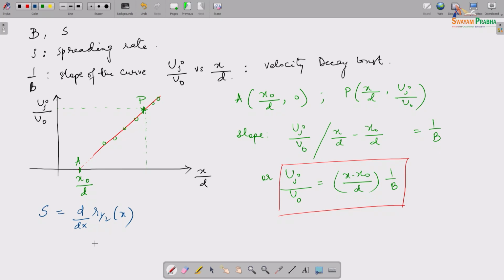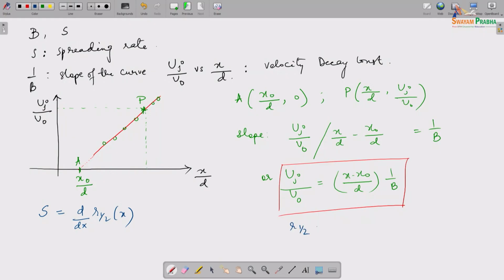And then if I have a spreading rate which I call S, the derivation is something that we have discussed earlier. So then essentially R half is equal to S times this. So these are the two constants.